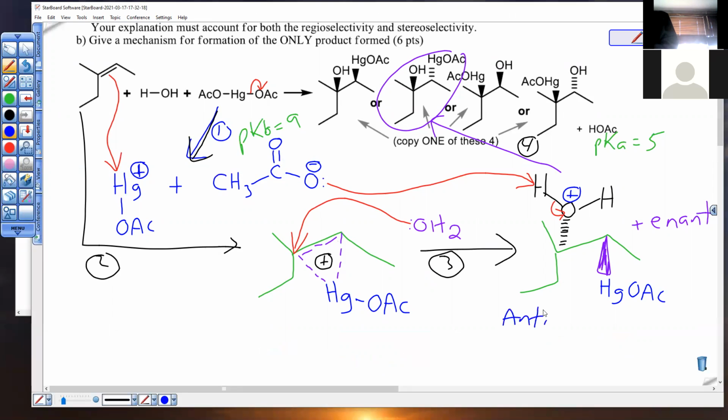This is part of the answer to A. Anti-stereoselectivity caused by backside attack.